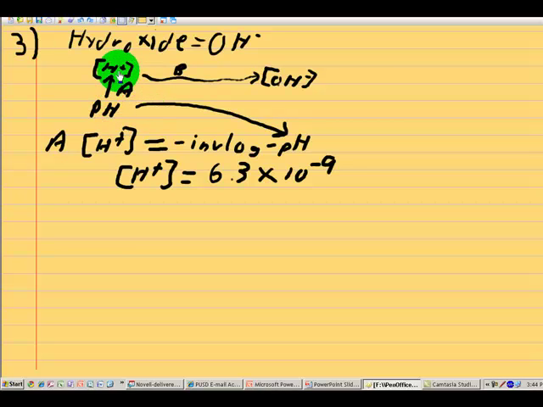That fulfills the first step to get to here. Now, this concentration of H plus has to undergo a relationship to the OH minus. That is going to be step B.